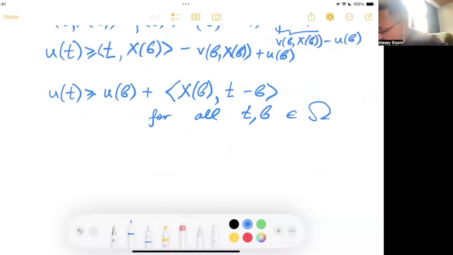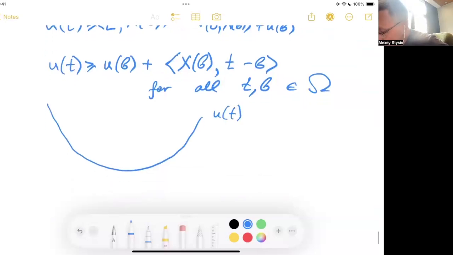This means that we have a function u of t, and okay, let's try it. This is the function u of t, and at every point of that function, some b. So let's make this point b. We have a linear function that is equal to our u of t at this point, but everywhere else it lies below, right? So this is something like this, and the tangent of this plane is x of b.